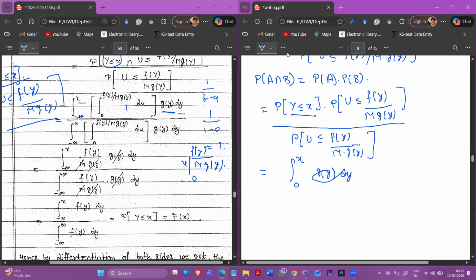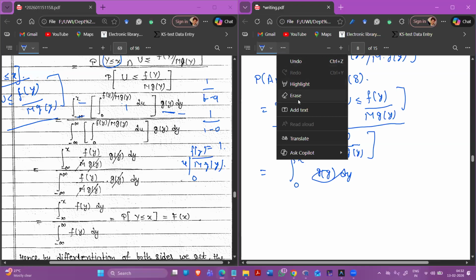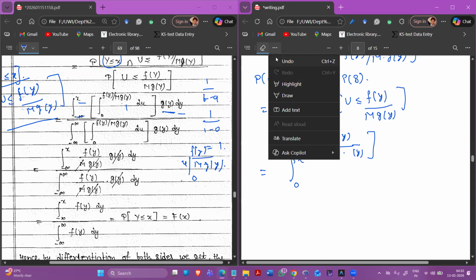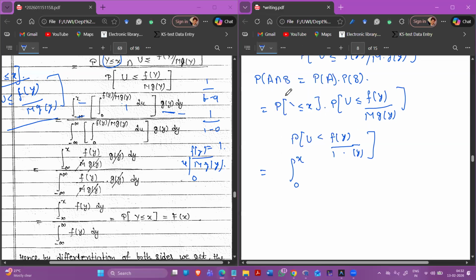So how will you do that? It is for the integral. Now this is the second integral, for 0 to fY divided by M gY, for 1 into dU.